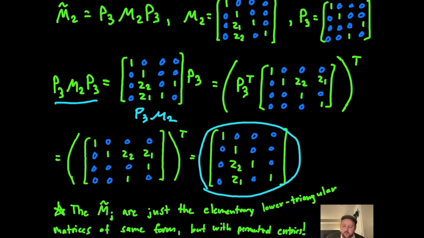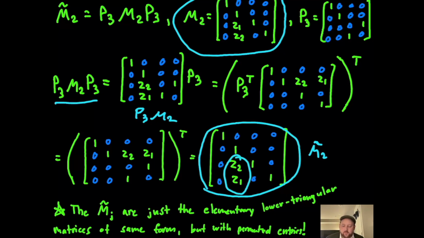Now, the thing to note is that it is of the same form as M2. This is why I'm also calling it M2 with a tilde: it has the exact same structure, and the only thing that's changed is that the entries here have been swapped. In general, it takes some effort to show this, because I've just shown you one case and one permutation.